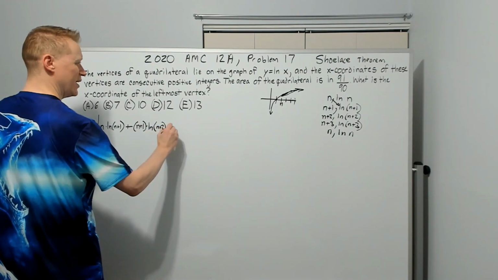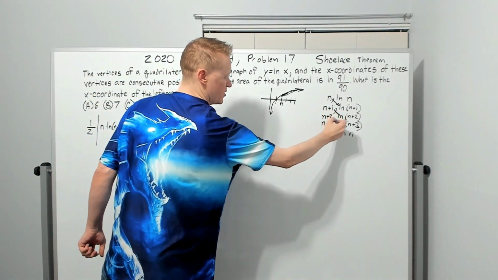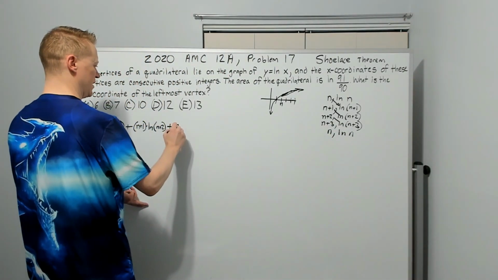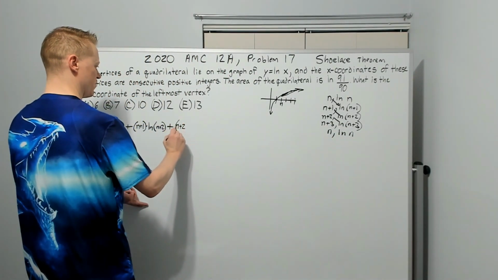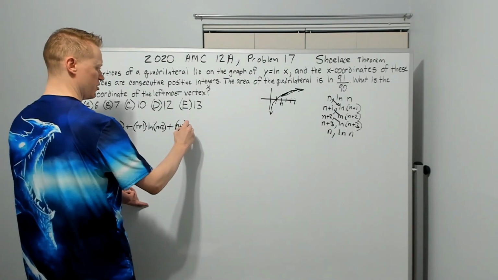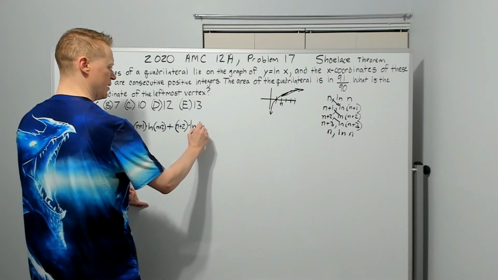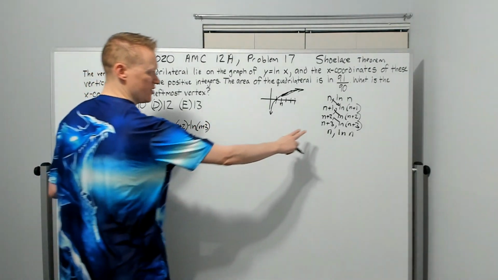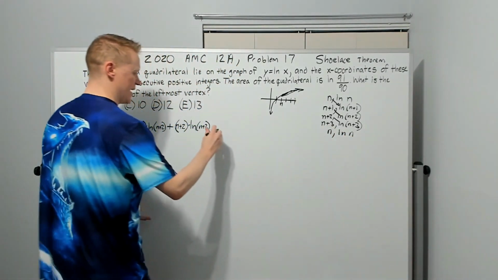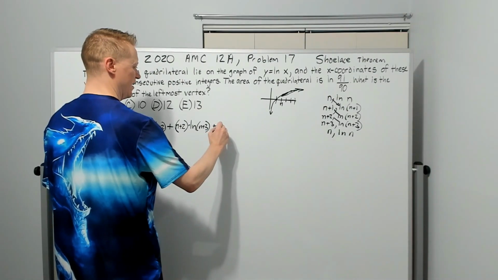And then plus, we've already done this one, now we're doing this one, it will be n plus 2 in parentheses, make sure you put the parentheses, you don't screw this up, times the natural log of n plus 3. And then you're going to have n plus 3 times the natural log of n.